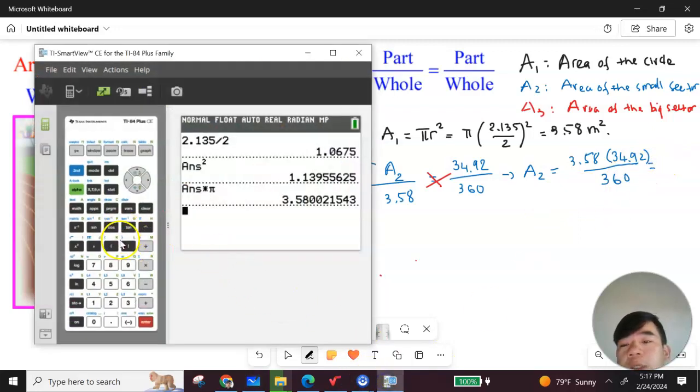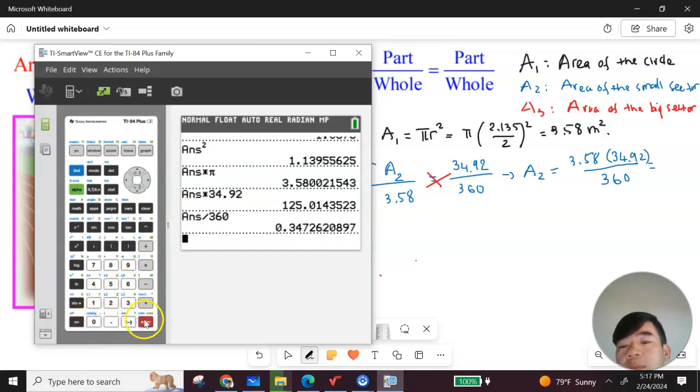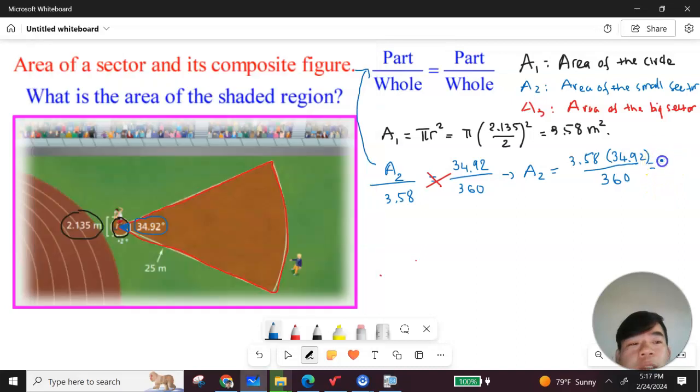Let's use the calculator. 3.58 times 34.92, and then you divide by 360. It's going to be 0.35, approximately 0.35 square meters.